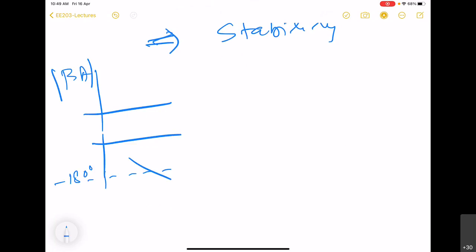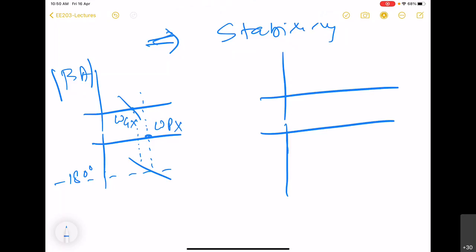So here is omega px, and here we have omega gx. So we see that it is fulfilling this requirement. Now we have another system where again this condition is fulfilled.